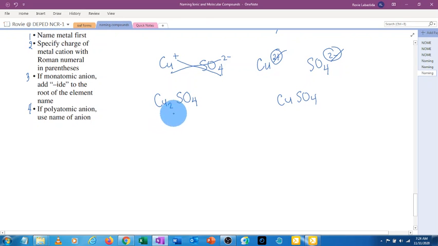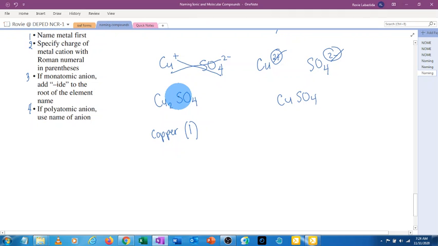Okay, so for this compound Cu2SO4, name the metal first, which is copper, and then specify the charge of the metal using a Roman numeral inside the parenthesis. So copper, what is the charge? 1.